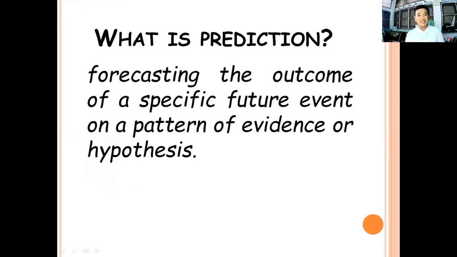this is forecasting the outcome of a specific future event based on a pattern of evidence or hypothesis. So when we say prediction, you are trying to predict what will happen next from the present situation to the future situation. I will show you different situations, and how the future happens from the present, and that is considering your prediction skills.